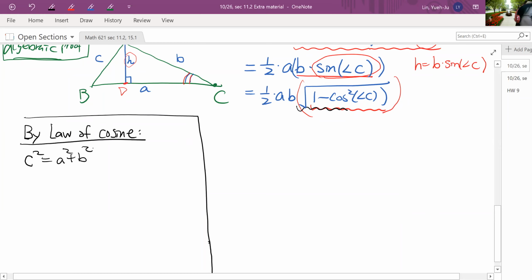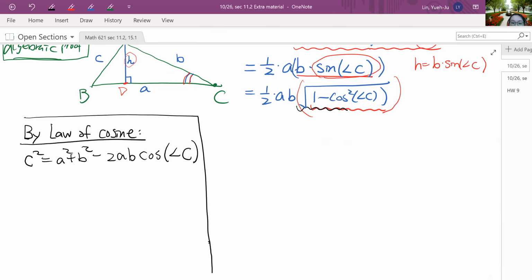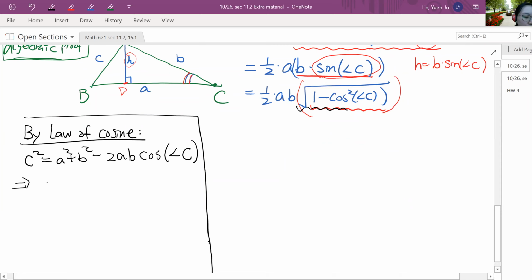Be careful with the sign, it's minus here. Oops, 2ab. So this is the law of cosines, right? The side c squared would be equal to a squared plus b squared minus 2ab times the cosine of the angle C. I need the cosine of this angle C, so I'm just rewriting things.